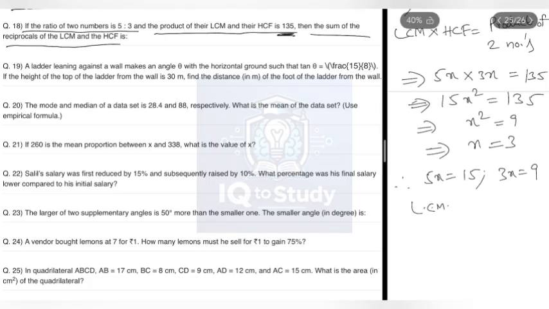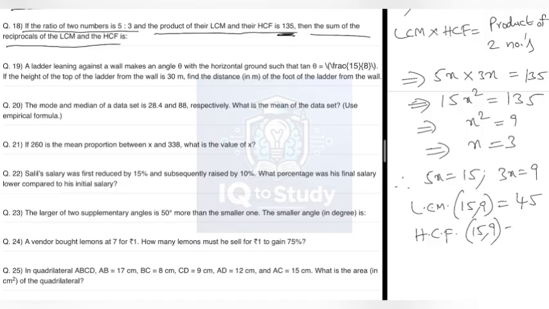Now LCM of 15 and 9 is 45. Similarly, HCF of 15 and 9 is 3. We have to find the sum of the reciprocals of LCM and HCF.